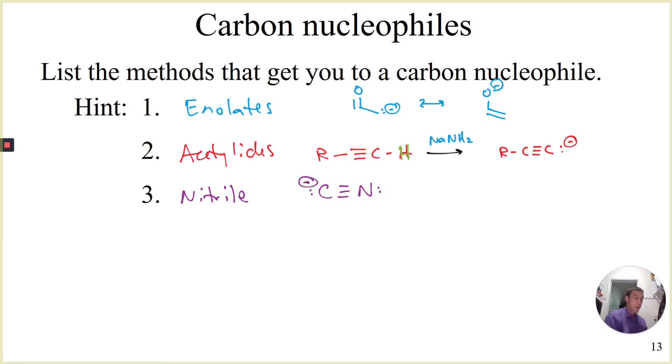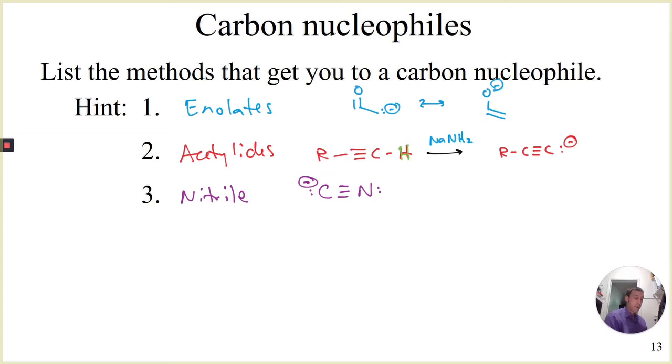One of the things that you might notice within each of these three examples, though, is that they're all introducing some other functional group, okay? Be it a carbonyl, be it a triple bond. So we need to somehow modify the chemistry of the carbon to allow it to hold that charge. And that's what makes carbon nucleophiles tricky, is that you're now limited by that other functional group's presence.